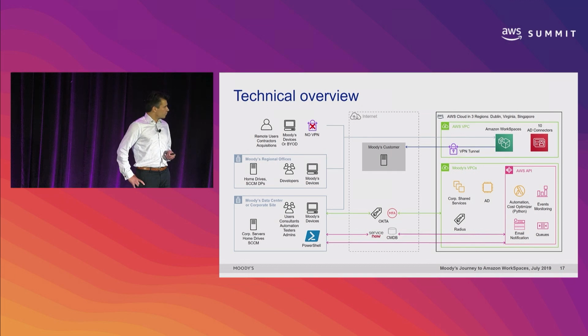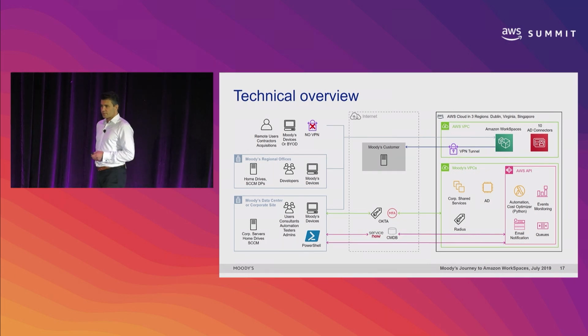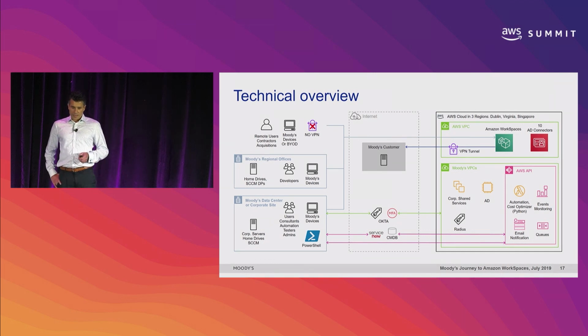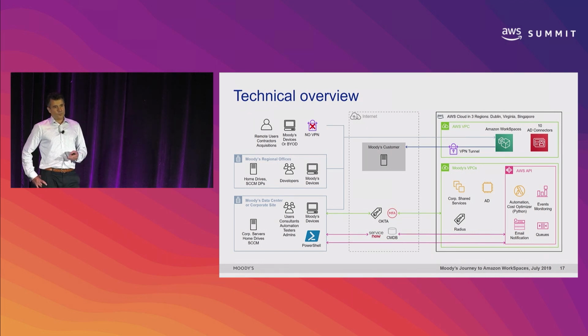The ServiceNow workflows call PowerShell scripts that are executed on our mid servers on premises, and they interact with the AWS WorkSpaces API. This is not only a one-way communication.